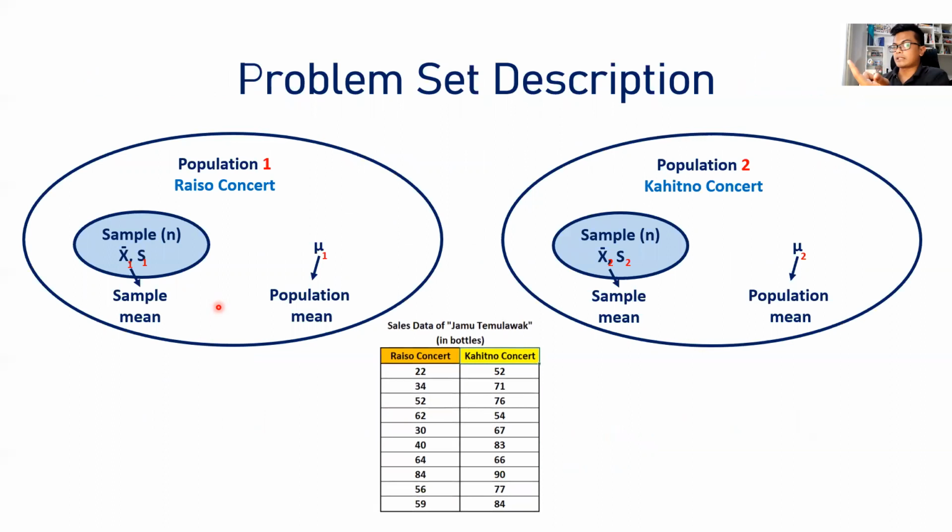So we can count, 1, 2, 3, 4, 5, 6, 7, 8, 9, 10. So n1, or the number of data points in sample 1, is 10. And in the data, n2, or the number of data points in sample 2, is also 10. 1, 2, 3, 4, 5, 6, 7, 8, 9, 10.